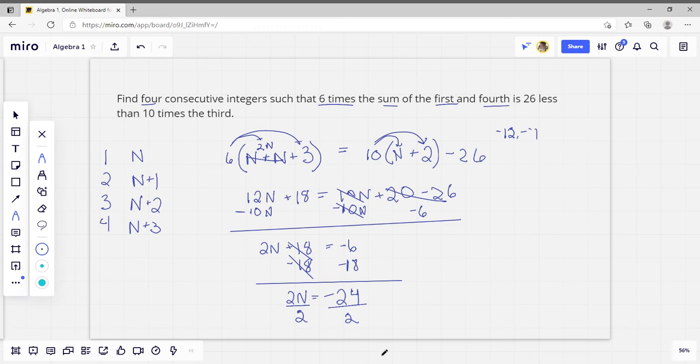So then our third number would be negative 12 plus 2, which would be negative 10. And then the last would be negative 9.